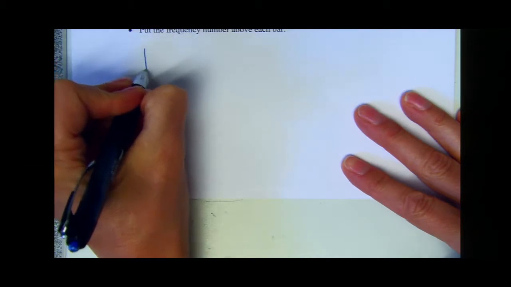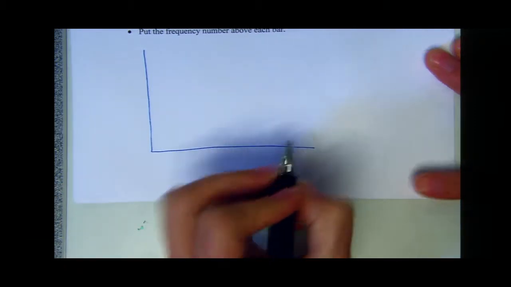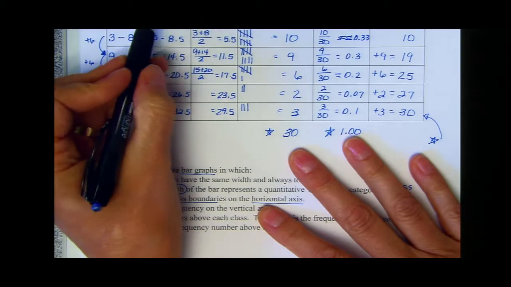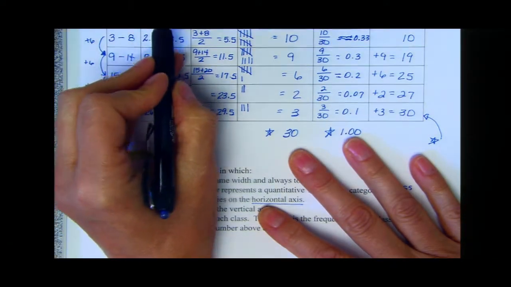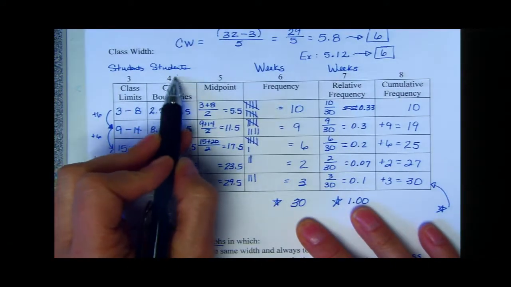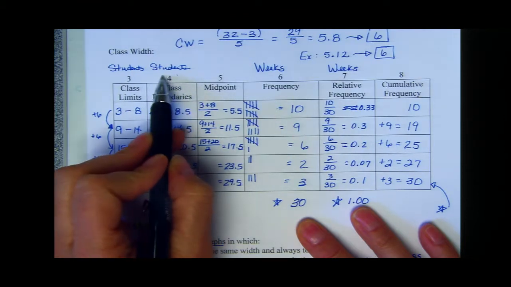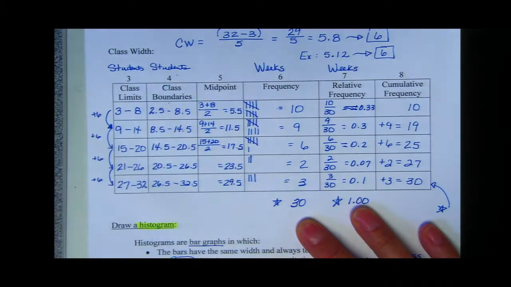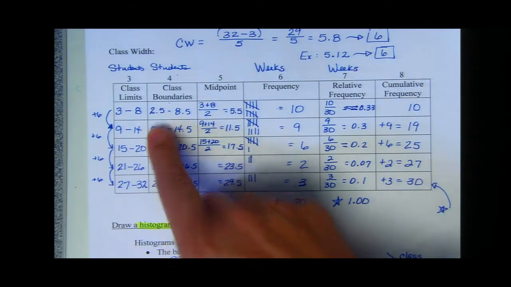All right, so I'm going to come down here and we're going to have a vertical axis, and we are also going to have a horizontal axis. And it says the class boundaries, which is your step 4. This represents number of students. So I'm going to start with 2.5.